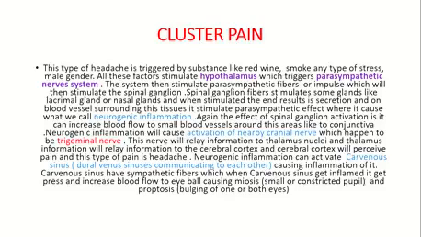So what you need to know is that another effect of neurogenic inflammation is that it will activate the cavernous sinuses. Cavernous sinuses are simply dural venous sinuses that communicate with each other.